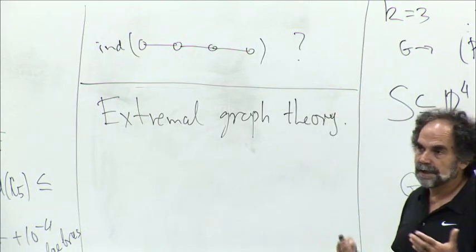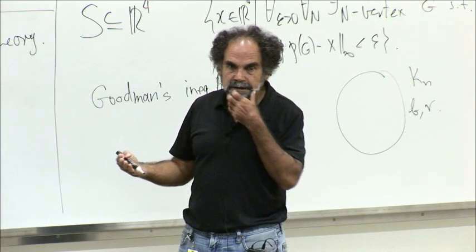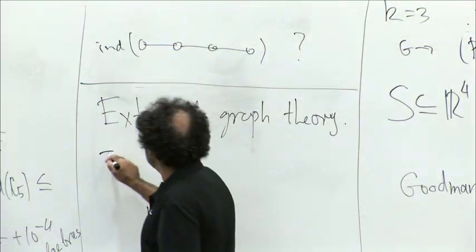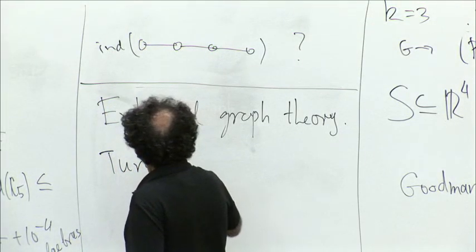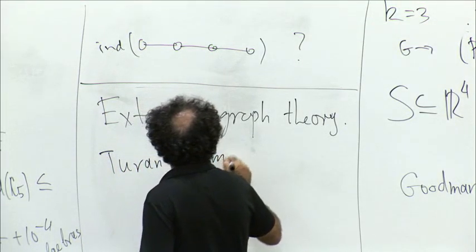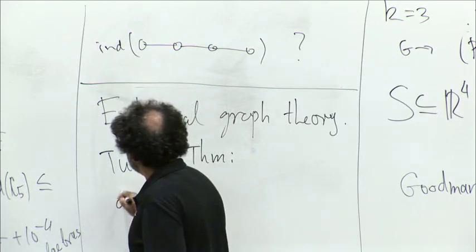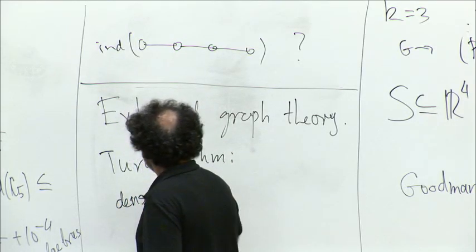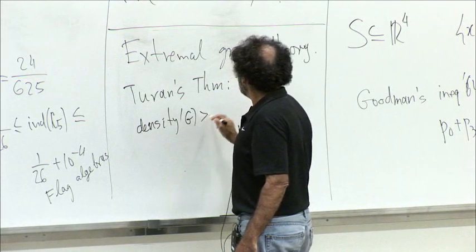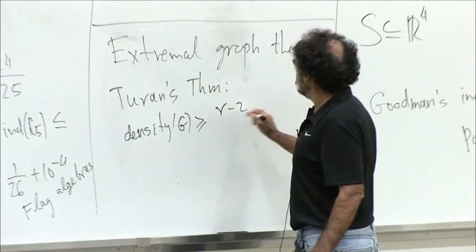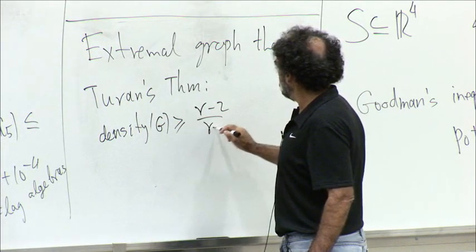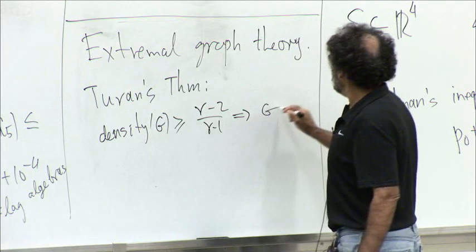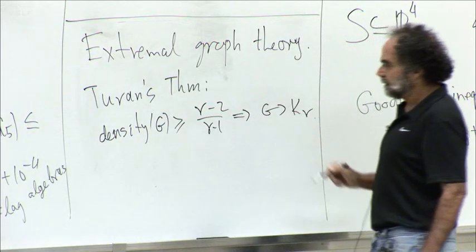Does it have to contain this and this graph? So I think you presumably all know Turán's theorem, which says that if the density of G is bigger than (r-2)/(r-1), then G contains a K_r.